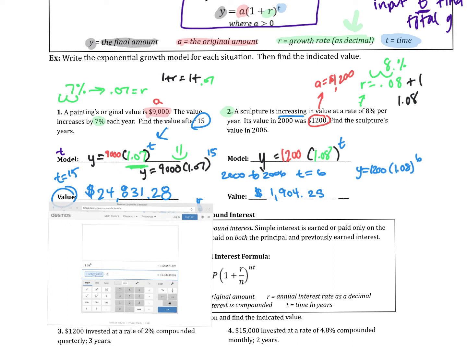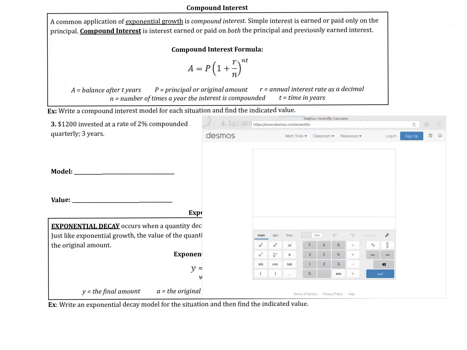Okay, let's go ahead and look at a different type of exponential growth, a very specific type called compound interest. So the type of interest that we just finished talking about is commonly known as simple interest or just basic exponential growth. What we're going to talk about now is something called compound interest, and this comes into play a lot with different types of bank accounts.